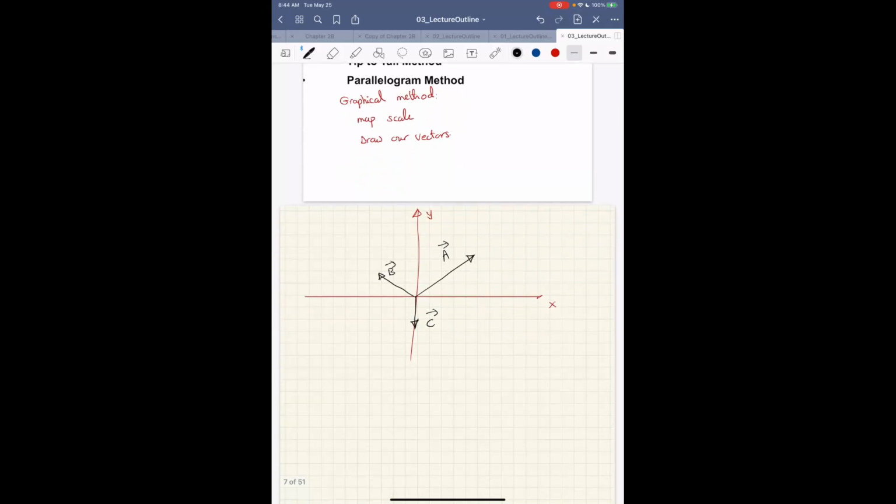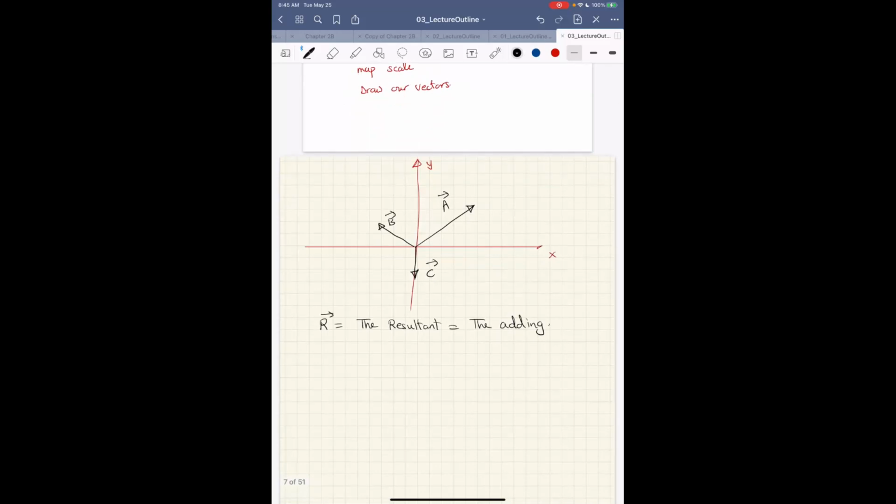And of course, I will say R, the resultant. The resultant means the adding itself.